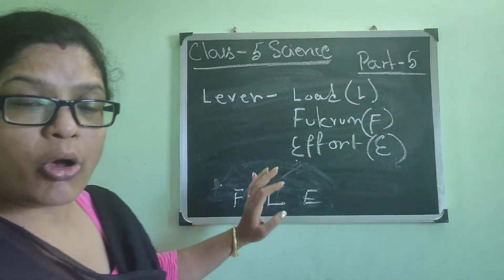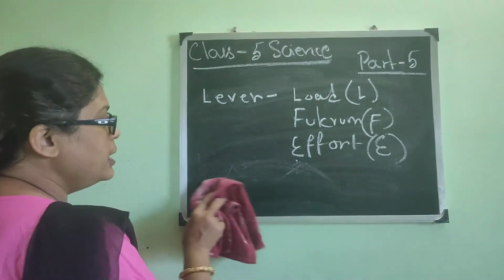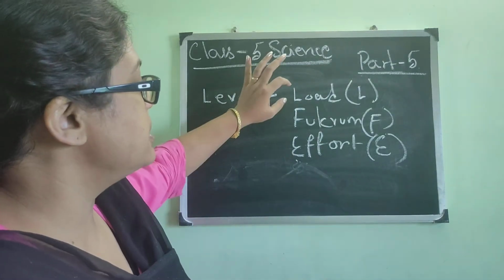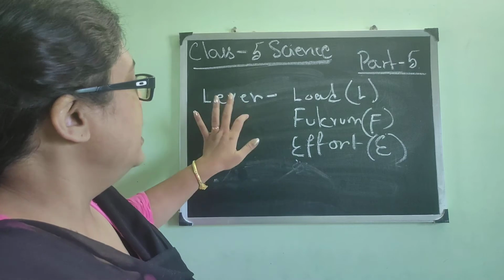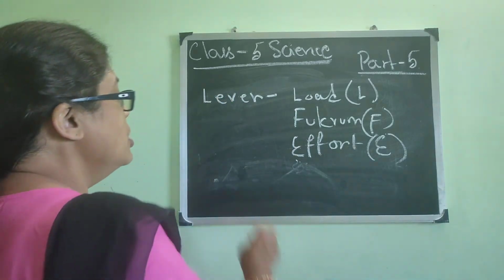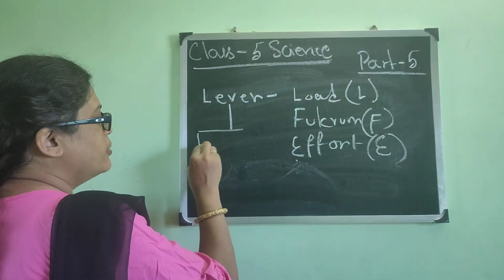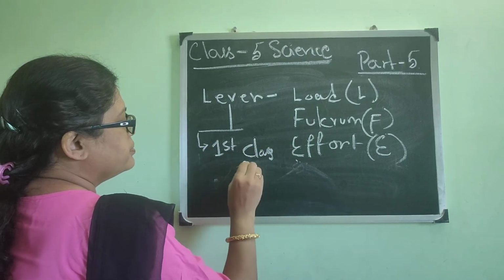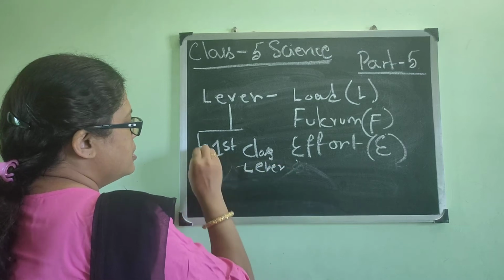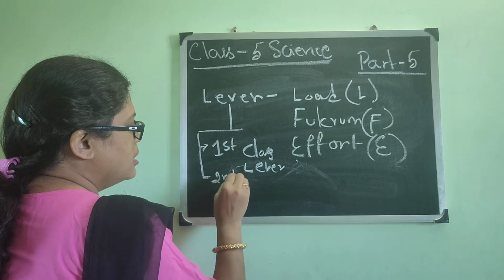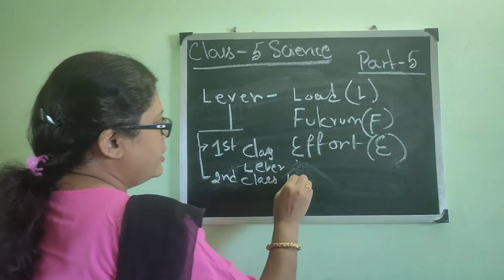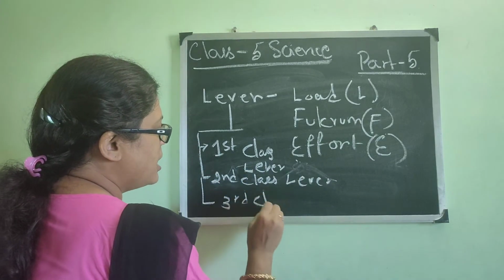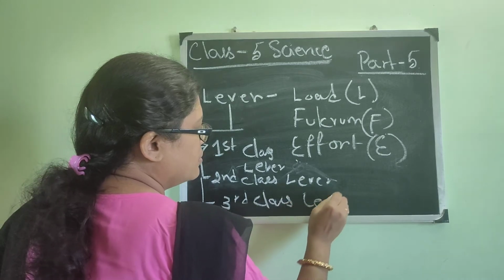Now depending on the place of these three factors, that is load, fulcrum and effort, levers can be divided into three different types. One is first class lever, the second one is second class lever, and the third one is third class lever.